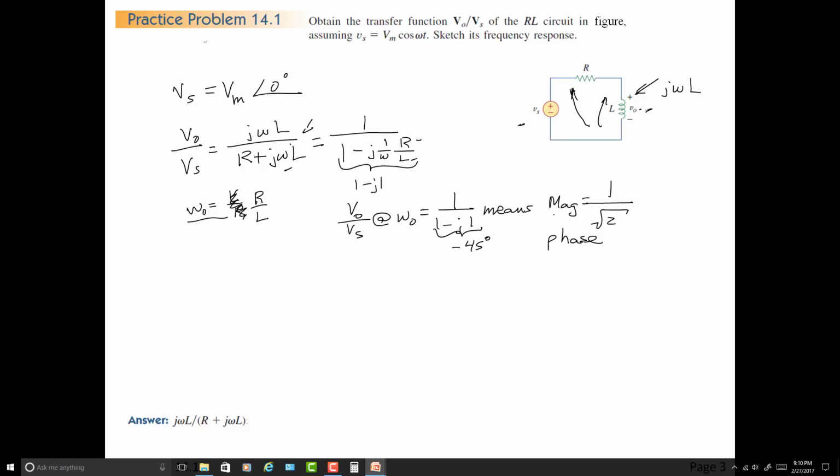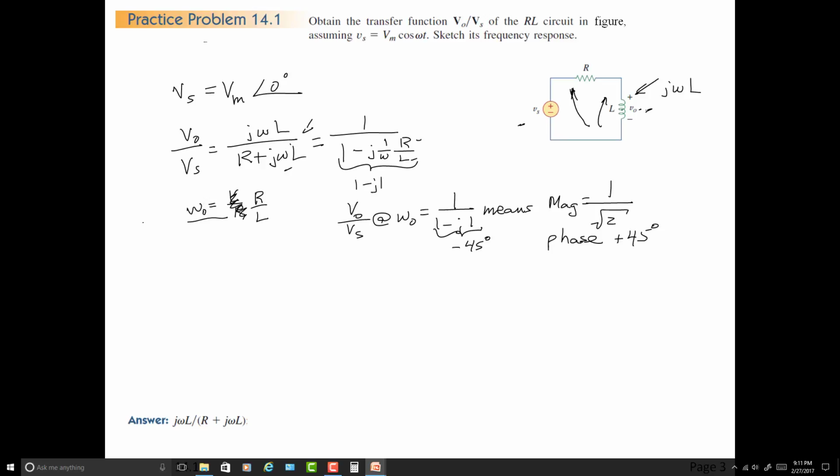So the phase in the numerator will be plus 45 degrees, okay? We're going to see these kinds of relationships all the time, and these turn out to be well-recognized numbers. Later we'll be talking about decibels, and we'll learn about 3 dB points and all this sort of thing.